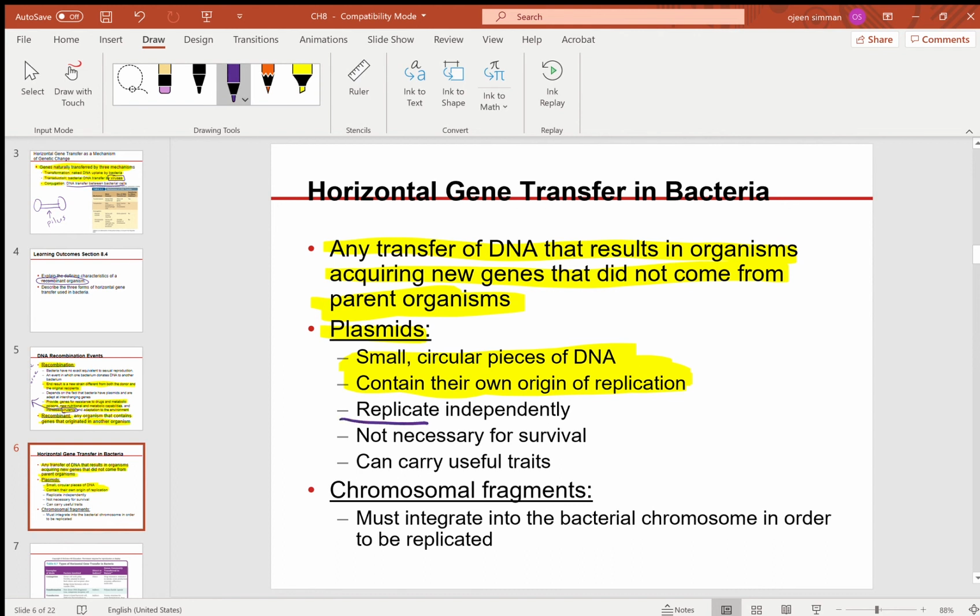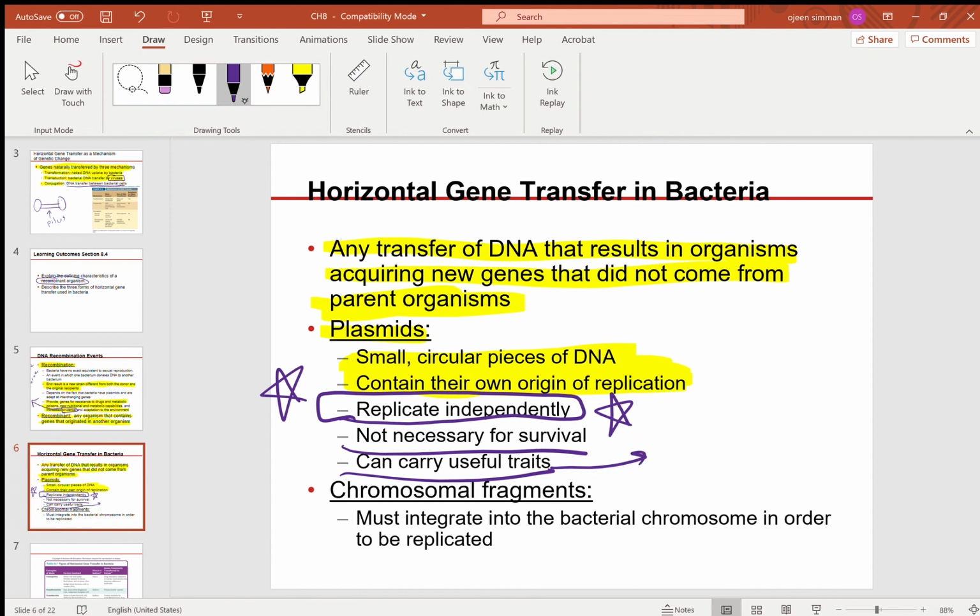Plasmids replicate independently of the chromosome and the nucleoid. Remember, plasmids do not contain any genes that are required for survival. However, they do carry useful traits. Like what? Traits for antibiotic resistance, for example.